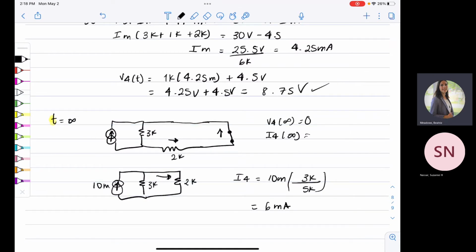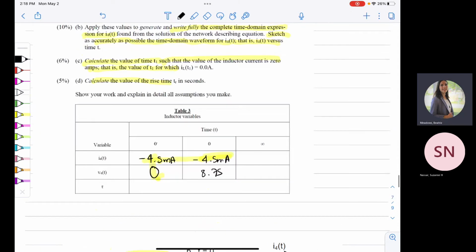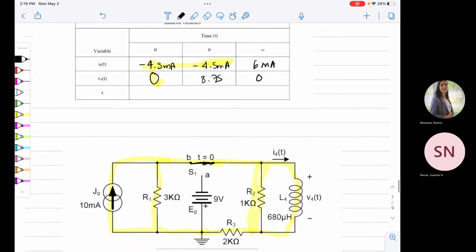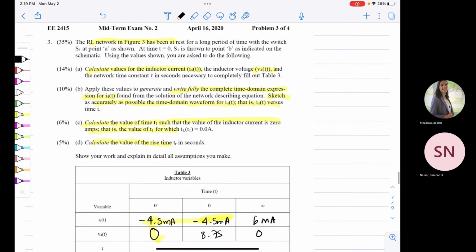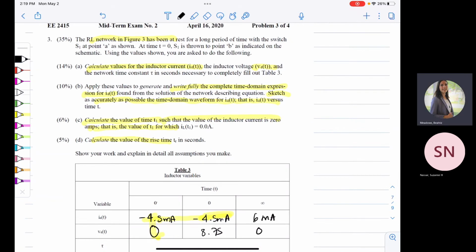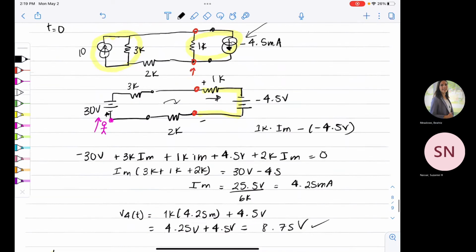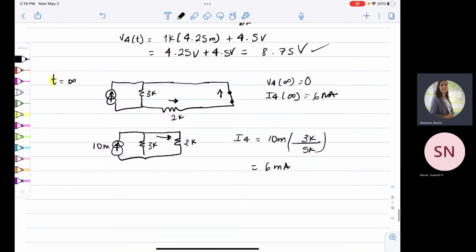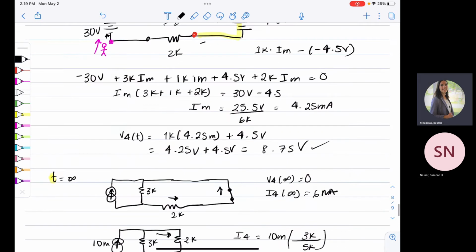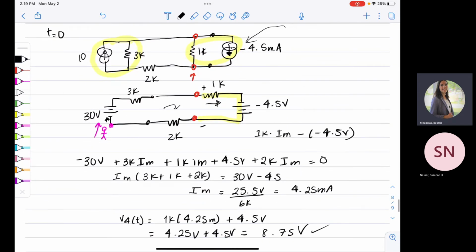So we are finally done with our table. So we said voltage was a short, so 0, and this guy is 6 milli. So now we need to find our time constant. And for that we need to find our equivalent, and this is where I told you this problem is easier than Suzanne's problem because we don't have any dependent sources.